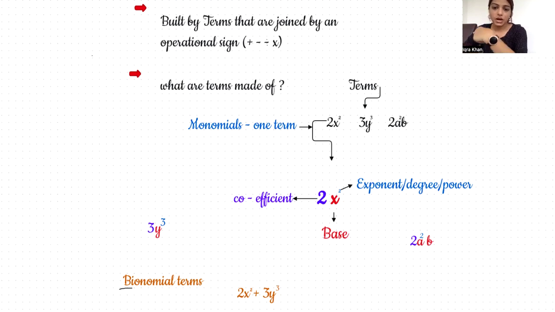Okay, so I've also color-coded the 3y cubed and the 2a squared b for you, so you understand that. So the 3y cubed, the 3 is your coefficient, the y is your base, and it's been raised to an exponent of 3. Okay? Here you have 2a squared b. So 2 is your coefficient, your a is your base, your b is also a base, and it's been raised to an exponent of 2.